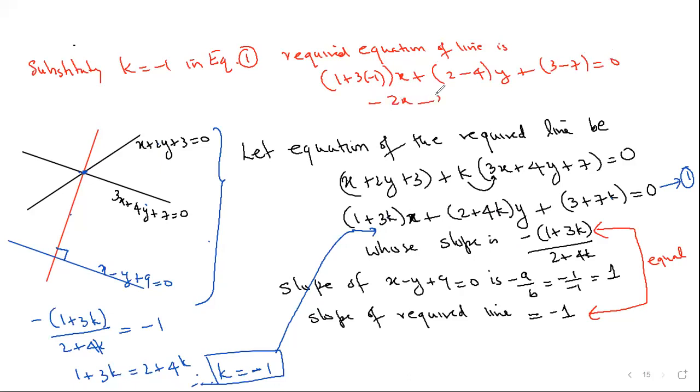Minus 2x minus 2y minus 4 equal to 0. That is x plus y plus 2 equal to 0. And that is my final answer.